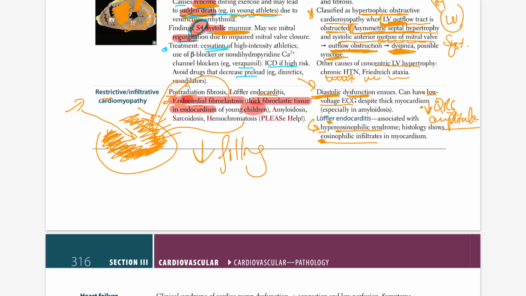Because in athlete's heart, what you will see, so let's just do this here, there will be increase in left ventricular mass. There will be increase in the cavity size. Left ventricular cavity size will be increased. And there will be increase in wall thickness.